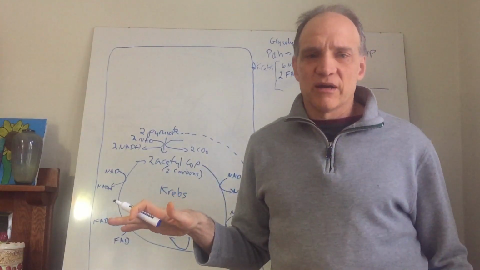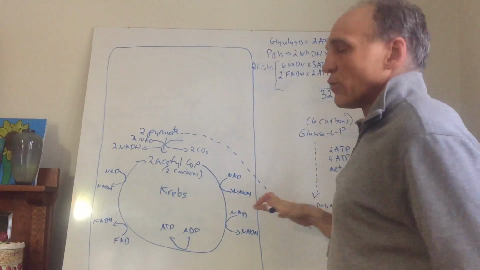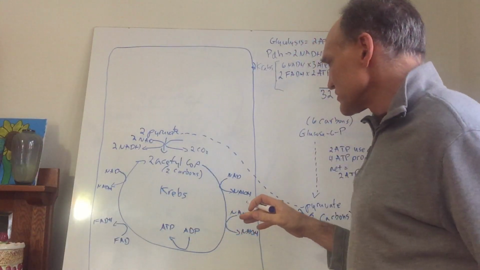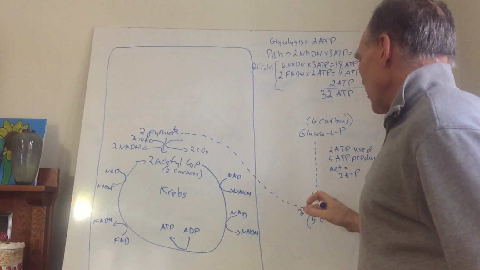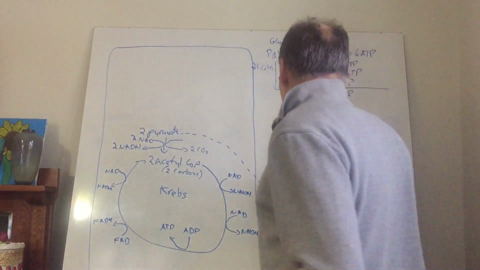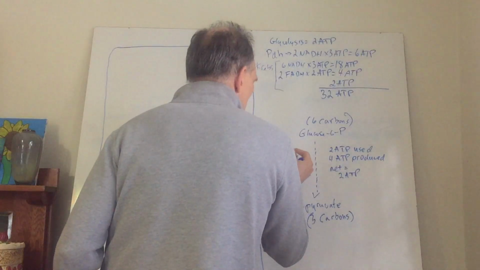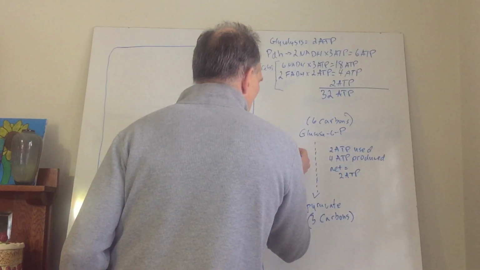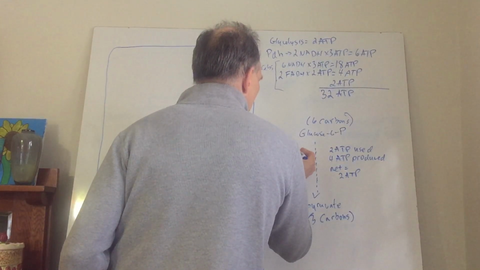So what we're missing here is 4 ATPs. The trick here is that within glycolysis itself, higher up in the pathway, you get production of an NADH.